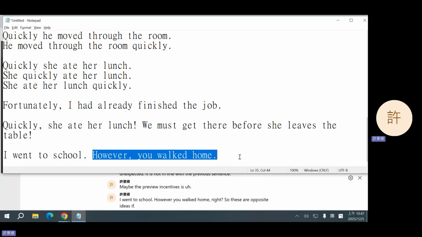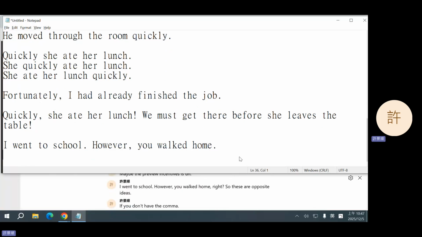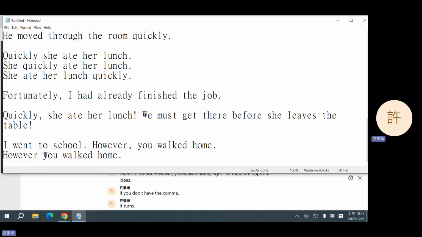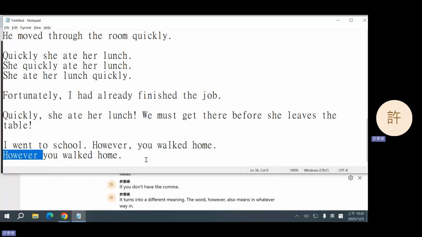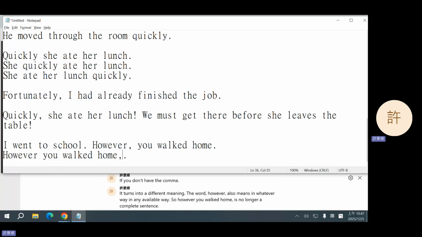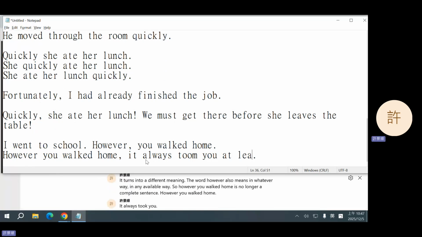If you don't have the comma, it turns into a different meaning. The word however also means in whatever way, in any available way. So however you walked home is no longer a complete sentence. However you walked home, it always took you at least 30 minutes.